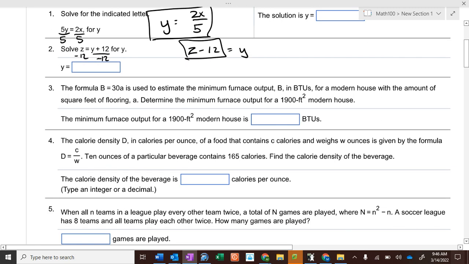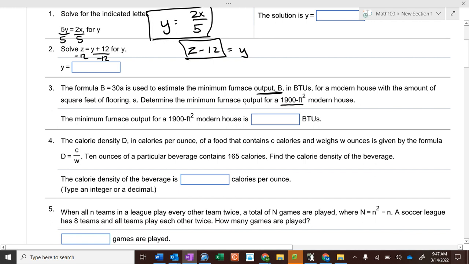All right, the formula B equals 30A is used to estimate the minimum output of a furnace in BTUs for a modern house with the amount of square feet of flooring. So if you have a 1900 square foot house, how do you figure out how many BTUs you need to use? Well, is that A or is that B?